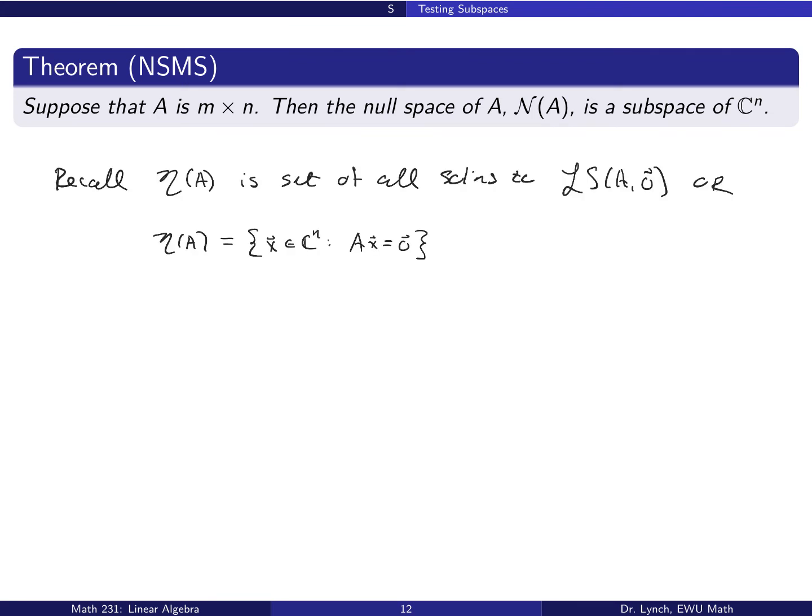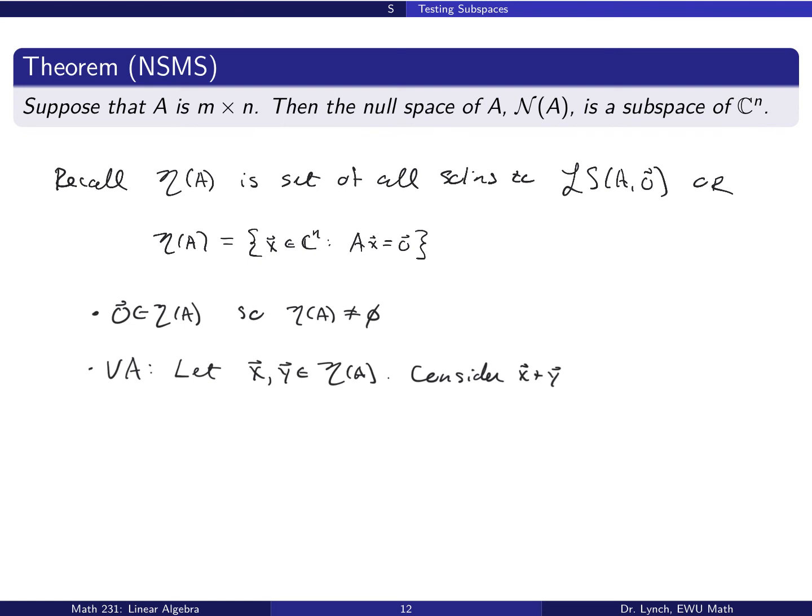Okay, so we've started by recasting the null space, which is the set of all solutions to a homogeneous linear system, as the set of all x such that Ax equals 0. Now, of course, the zero vector is in this set, so we know that the set is nonempty.